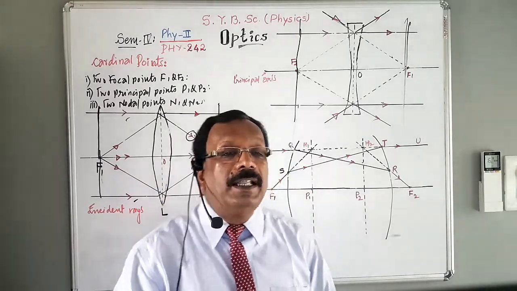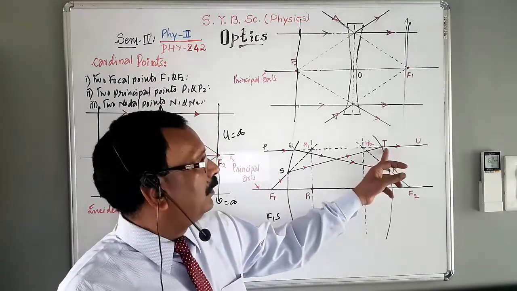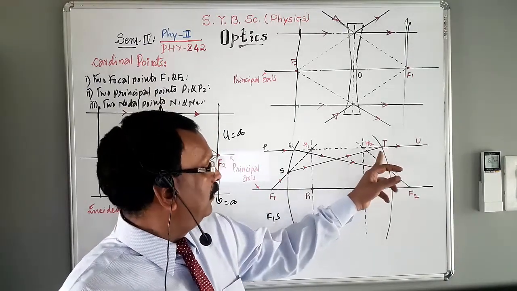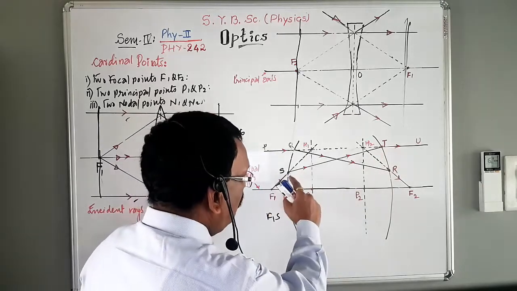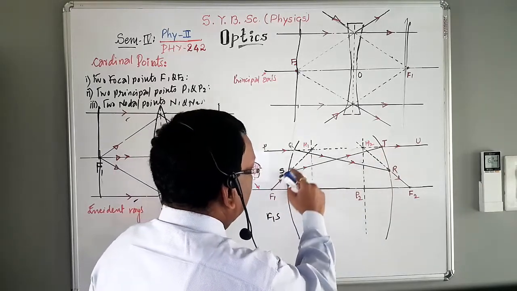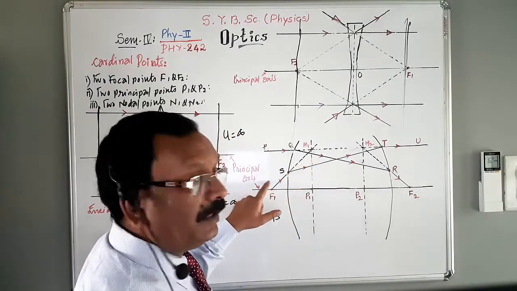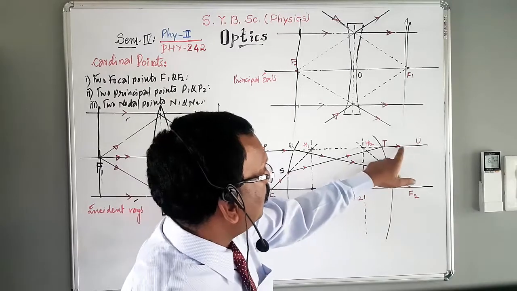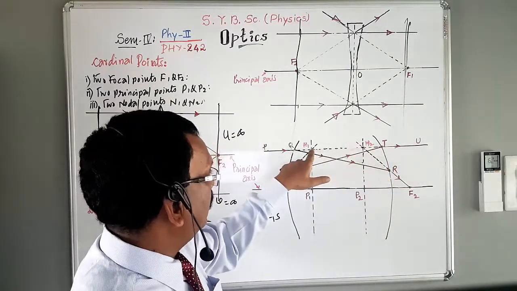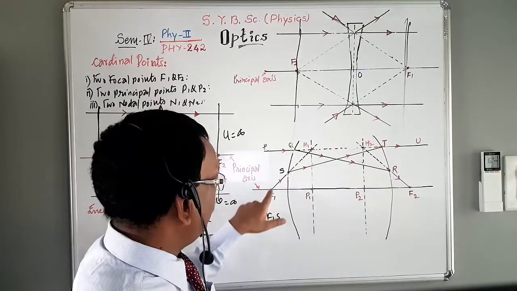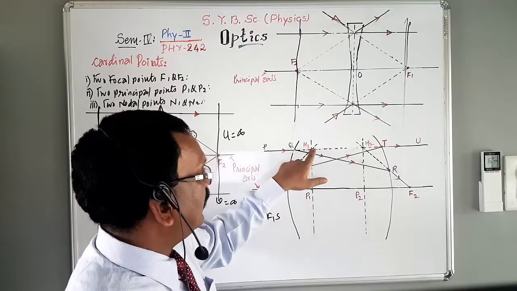Okay. The rays F1S and TU are so produced that, see here, F1S is produced forward, and H1 is on the produced portion of the incident ray, and TU is produced backward. When TU is produced back and F1S is produced forward, at point H1 they intersect each other.